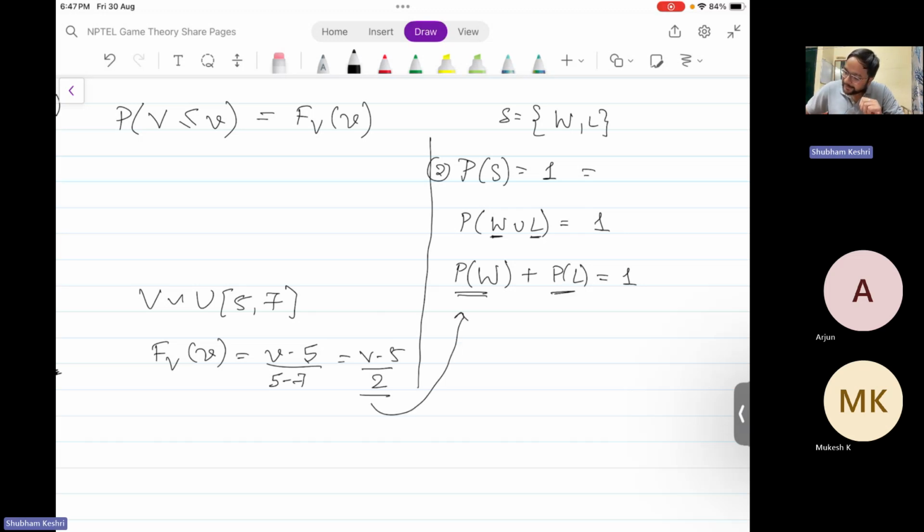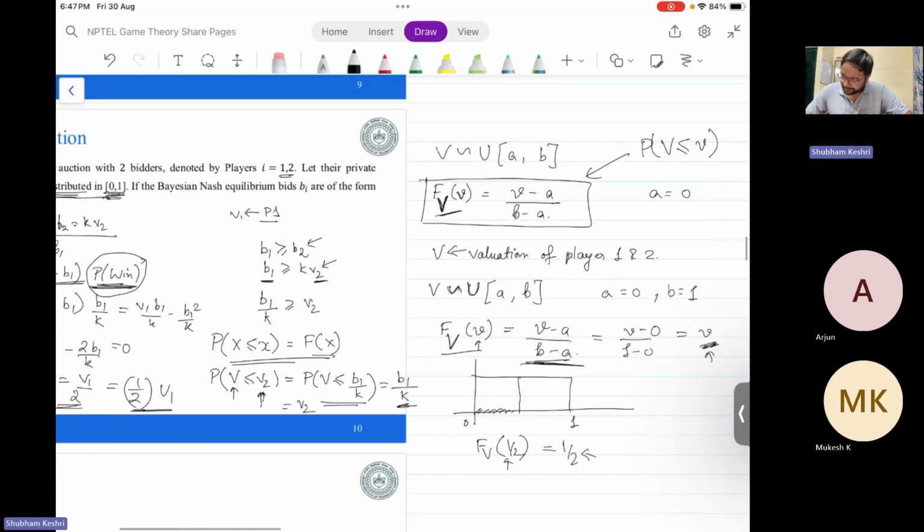You plug it in over here, you can get the probability of loss, 1 minus probability of win. You can do that using the axioms of probability. Probability of win is actually equal to 1 minus probability of loss. So these are the concepts behind how you are able to get it by 1 minus those things. Okay, clear. Thanks.